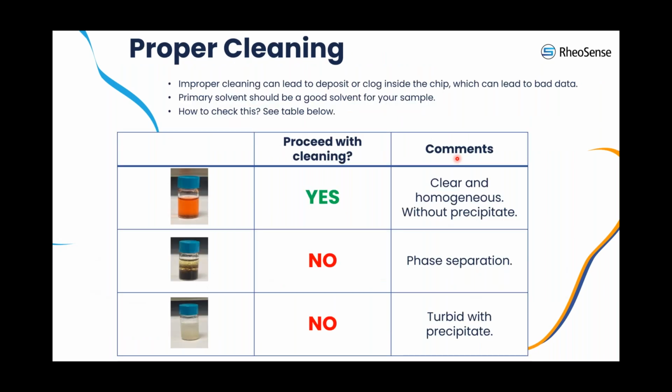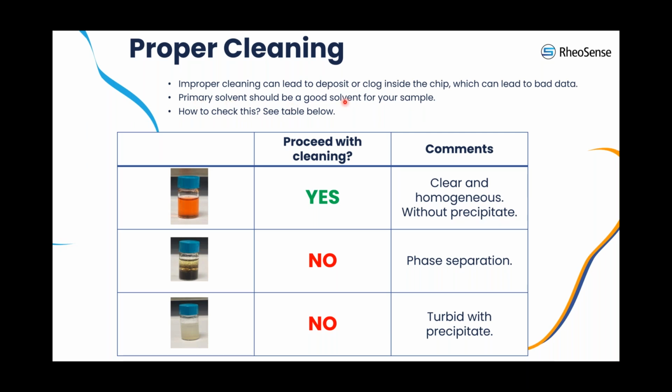We always emphasize the importance of proper cleaning for ensuring the accuracy and quality of your data. One of the key factors is choosing a primary solvent that is compatible with your sample. We typically use 3 solvents for cleaning the system, the chip, but the primary solvent should always be fully compatible with your sample.